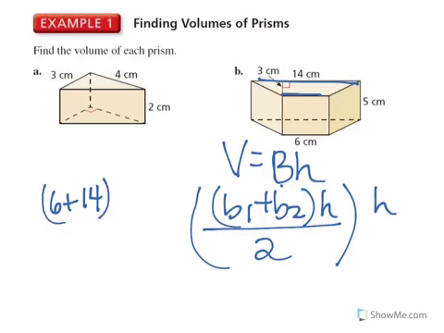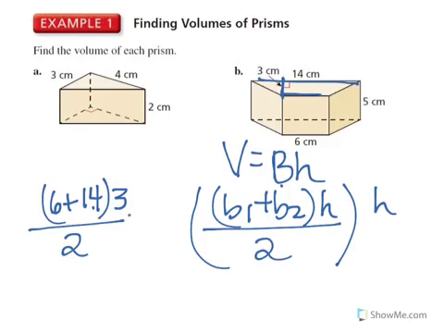And then we're going to multiply it times the height of the trapezoid, because that's just on the area of the base. So the height of the trapezoid would be 3. And that whole thing is divided by 2. So when we go and do that, 6 plus 14 is 20. And 20 times 3 is going to be 60.